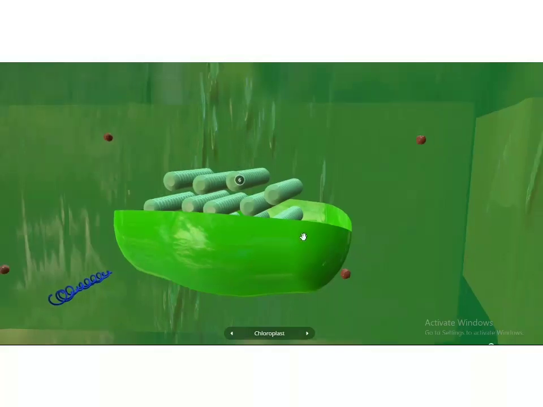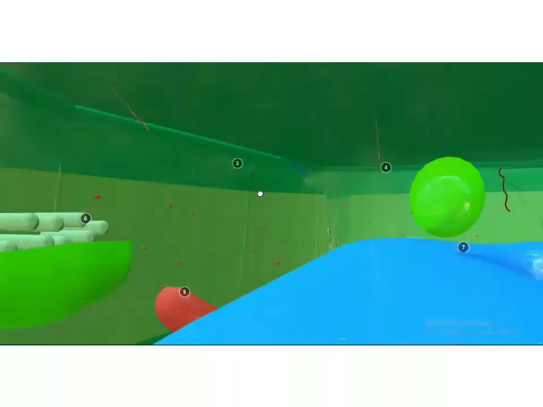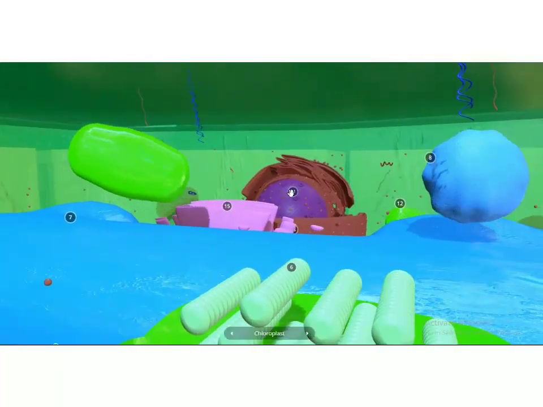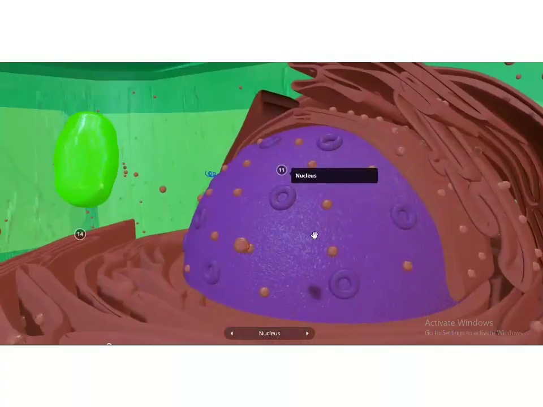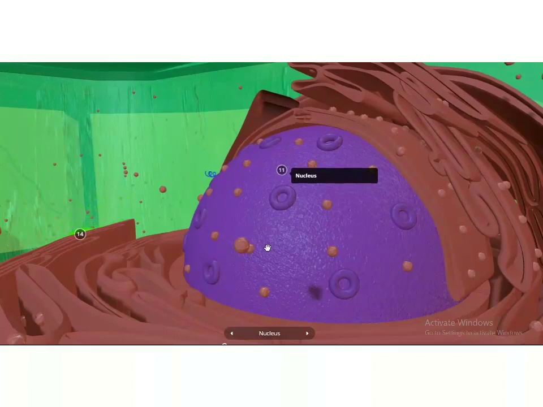Now let's see the nucleus. The nucleus is the densest part of the protoplasm, and you can call it the brain of the cell. It has four parts. This is the outer membrane of the nucleus, which is called the nuclear membrane. There are nuclear pores on the membrane, so many pores on the nuclear membrane.